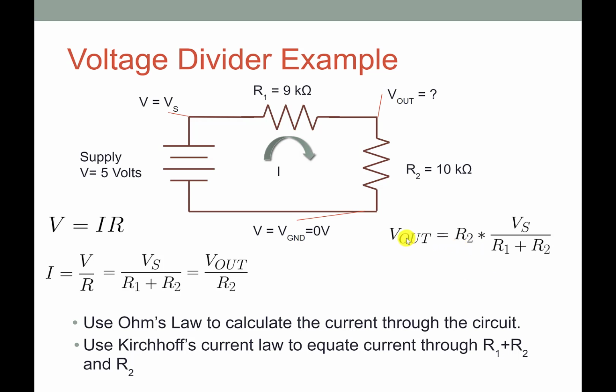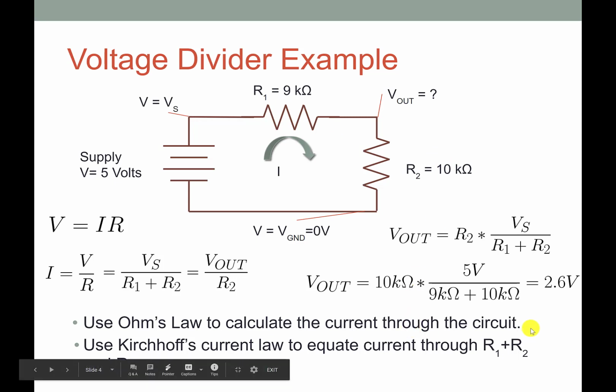So just rearranging, V out is equal to the resistance R2 divided by R1 plus R2, times the voltage supply. For this example, plugging in the numbers for each of these resistors, we get that the voltage measured at V out would be 2.6 volts. If you play around with giving different resistances for R1 and R2, we see that the voltage out depends on the relative values of R1 and R2.